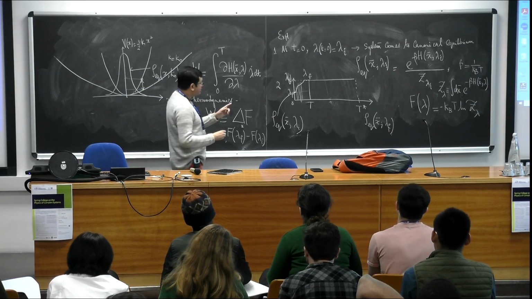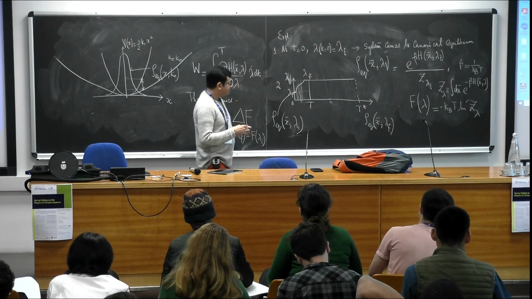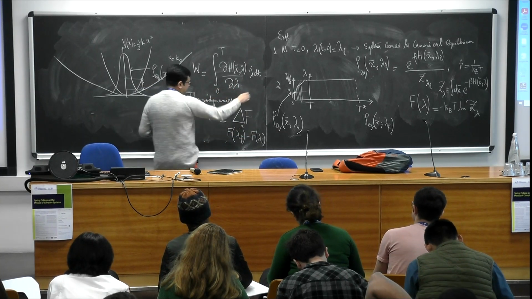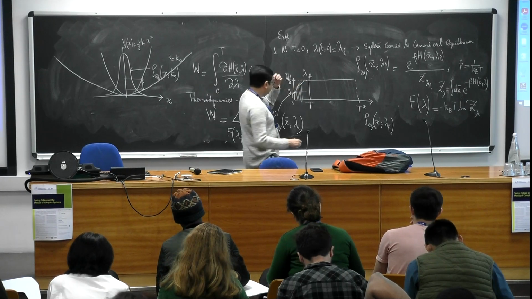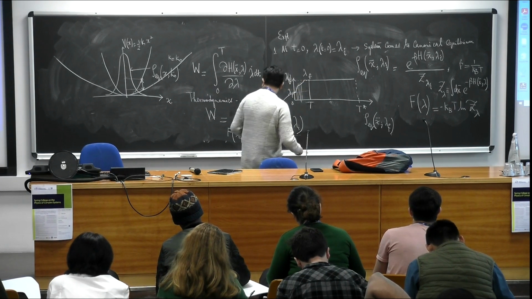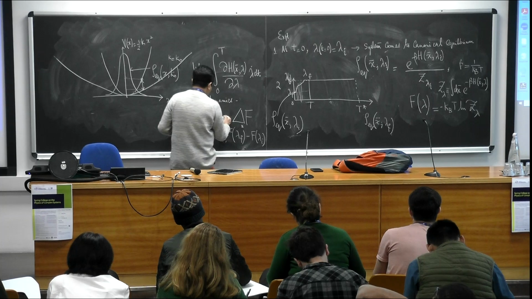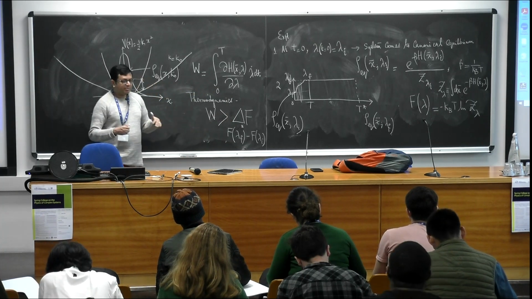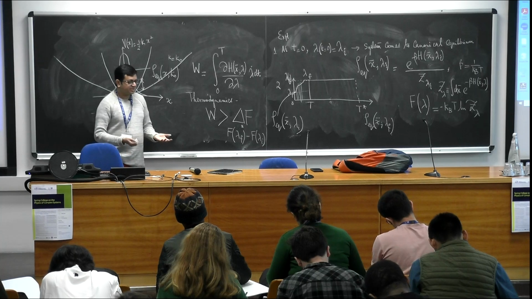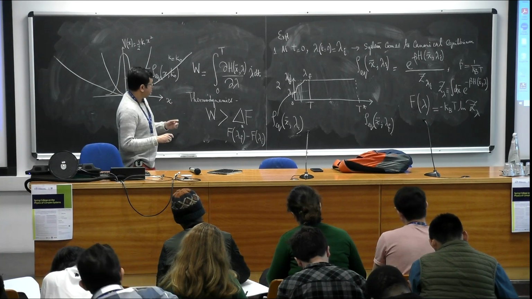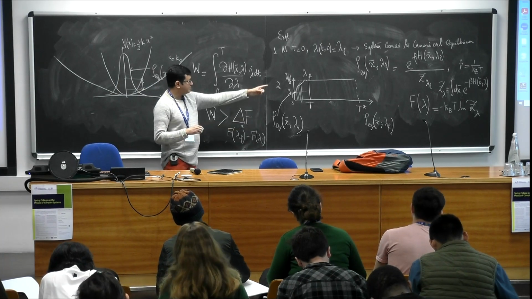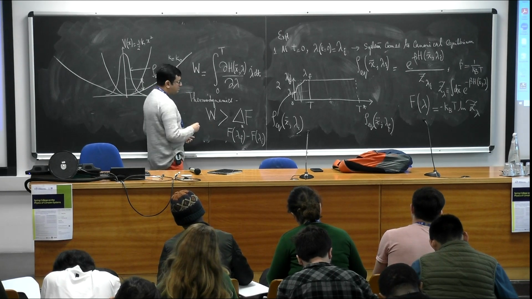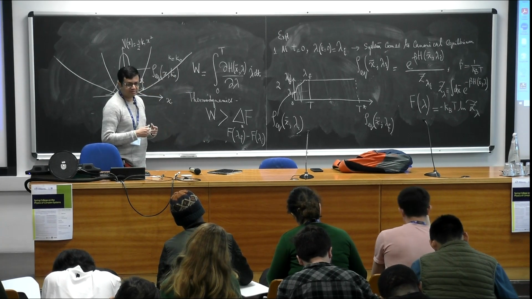While if it is not done infinitely slowly, if I do it drastically, the way that I did it here, according to my wish, then this becomes greater, because the amount of work that goes into the system is higher than the change in the free energy of the system between its two terminal equilibrium states. This is a consequence of the second law of thermodynamics.